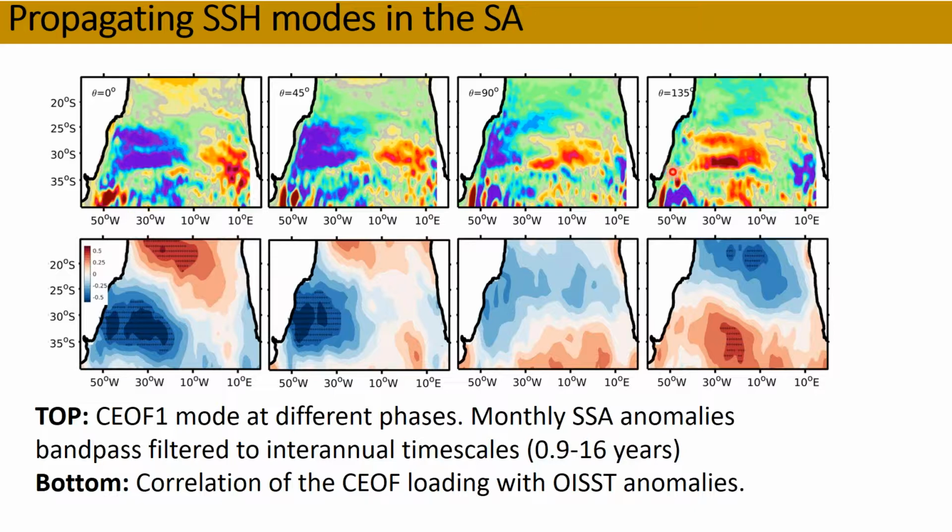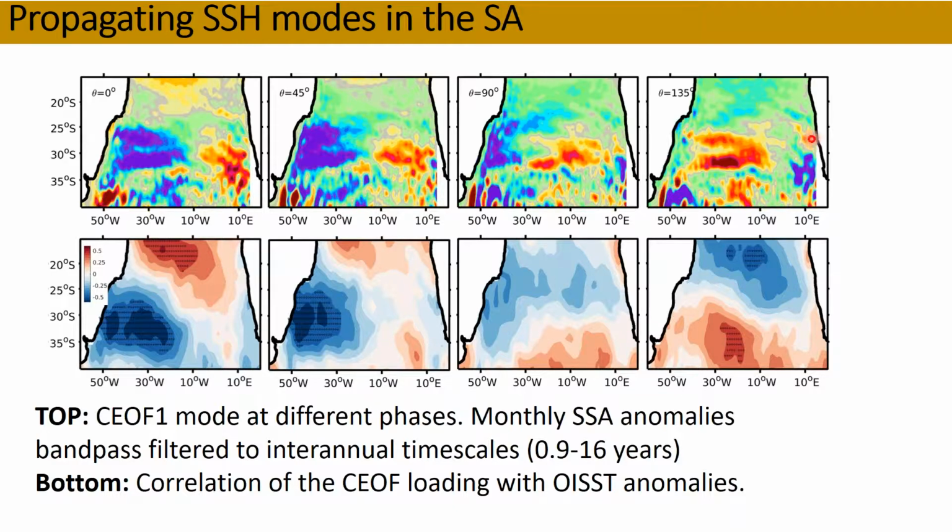Then by looking at this propagation, we see the propagation of the now positive anomaly of sea surface height, and the mode turning positive, and this will go back to the initial phase, but with the opposite sign.